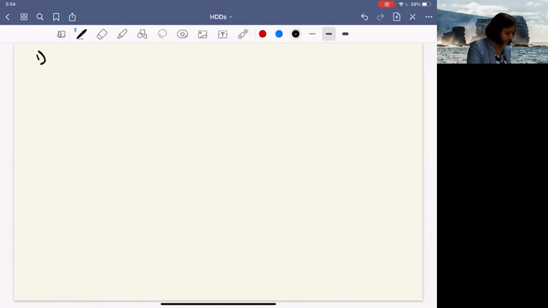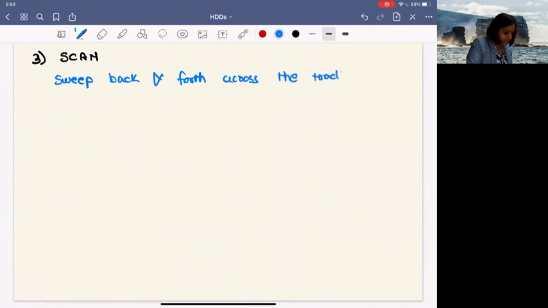people invented a new scheduling technique called SCAN. What SCAN does is it sweeps back and forth across the tracks.